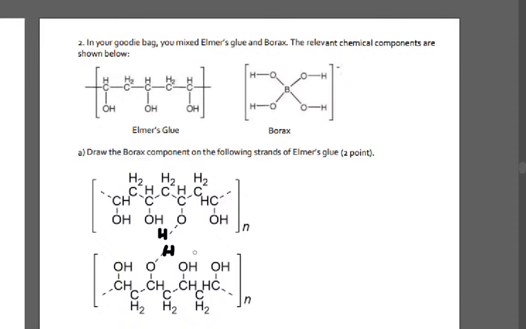Draw the borax component. Okay, so this is basically the chain, and then you also got this boron connecting to an oxygen there.